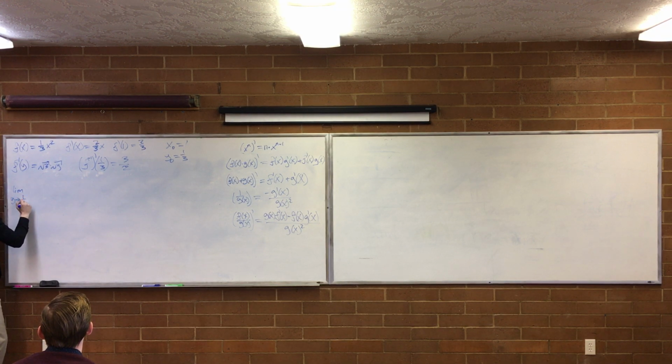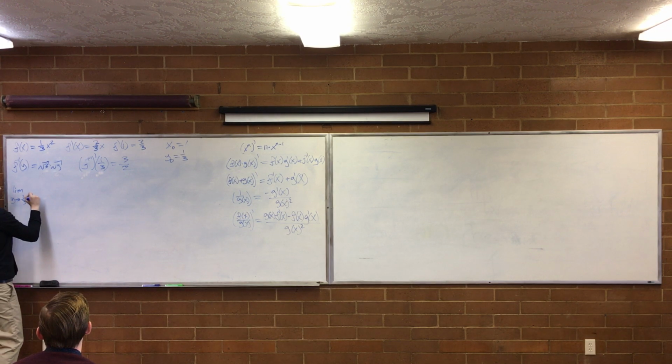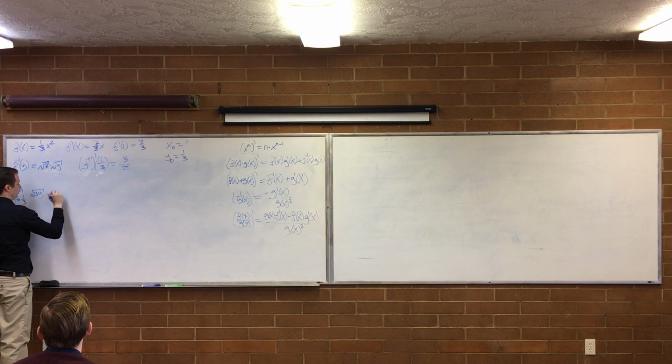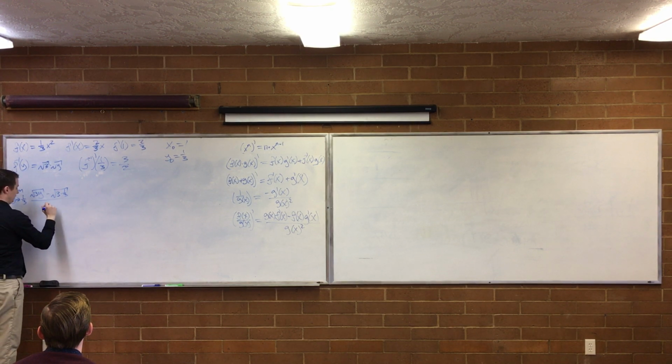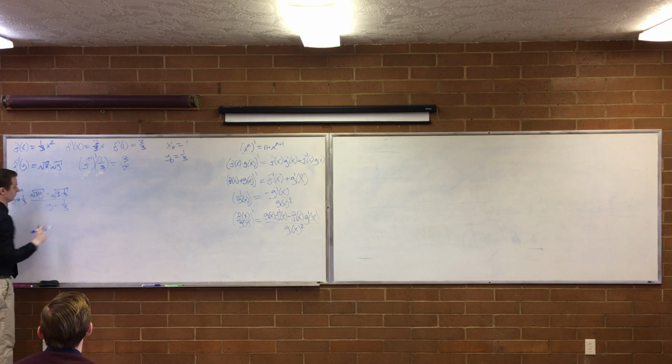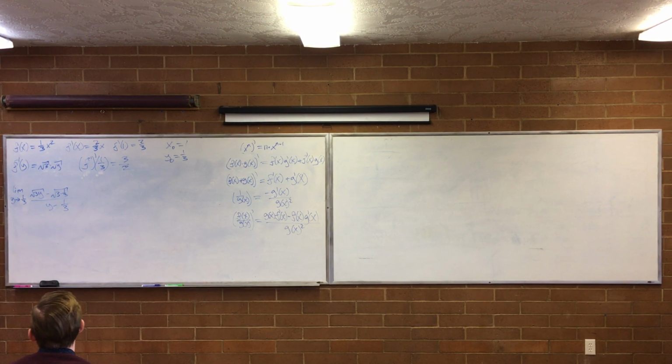So we're taking the derivative as y goes to 1/3 of, maybe I'll keep them combined for the sake of writing, the square root of 3y minus the square root of 3 times 1/3, all over y minus y naught. Right?